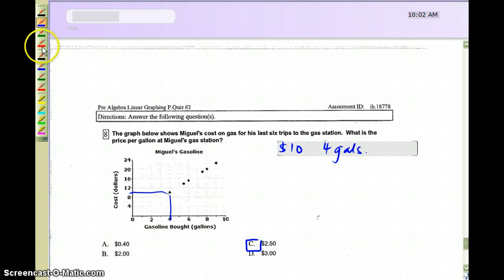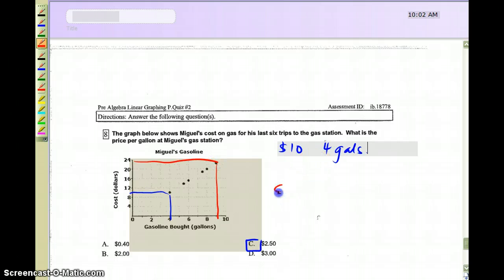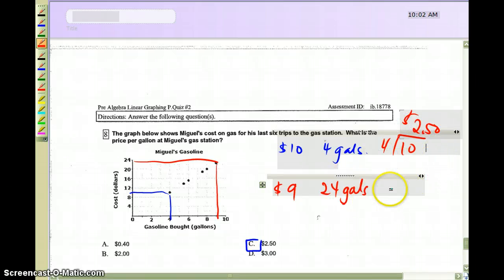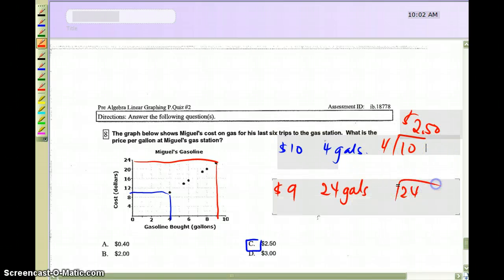Okay, and other people tried to get this dot over here. That's going to give you maybe like $9 for 24 gallons. And then if you divided those two, 10 divided by 4 was exactly 2.50. And that's how you can also get the 2.50. Over here, 24 divided by 9 was very close to about, let's see.